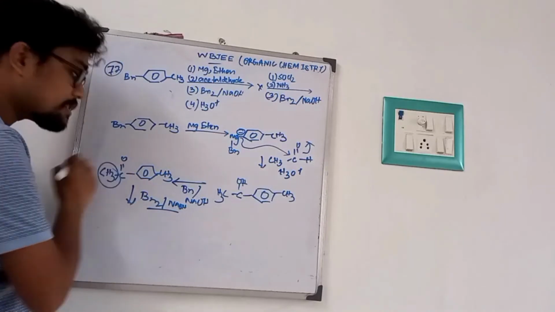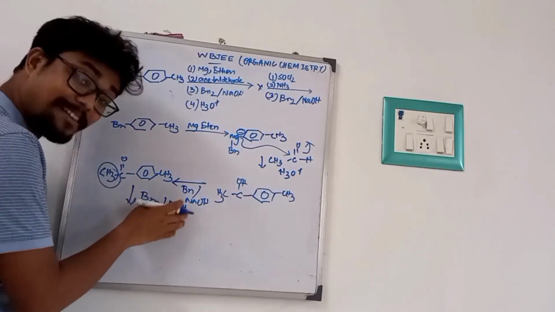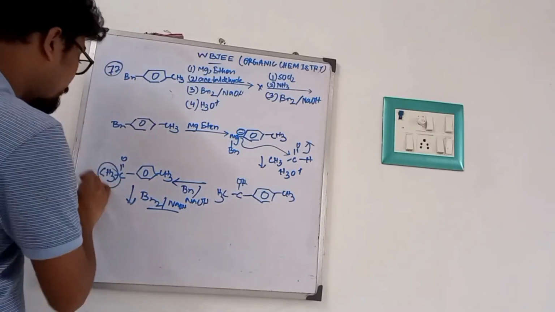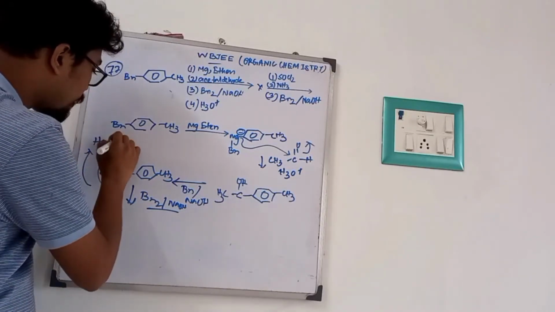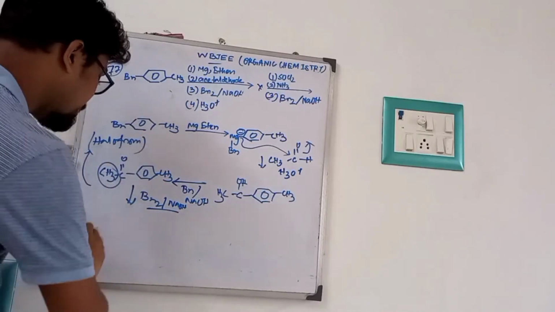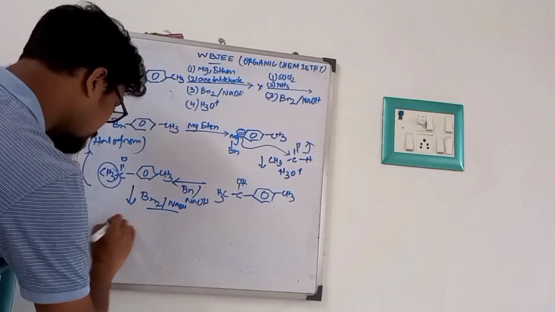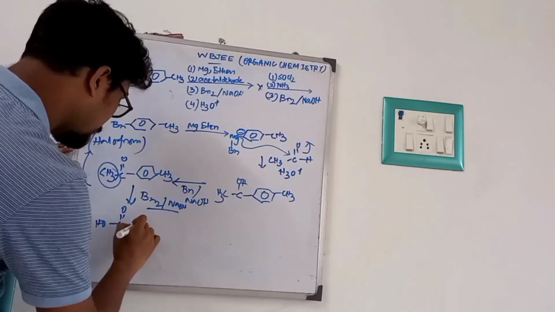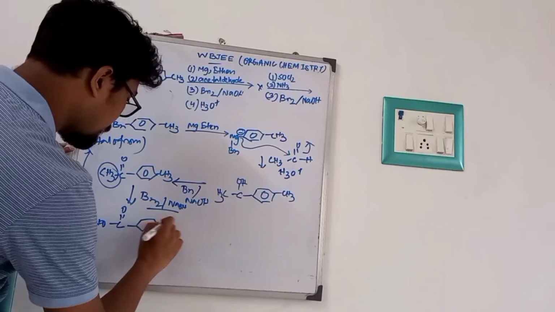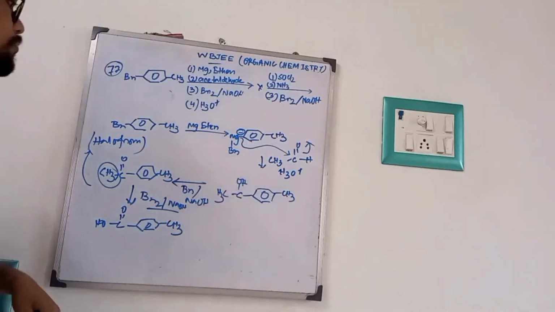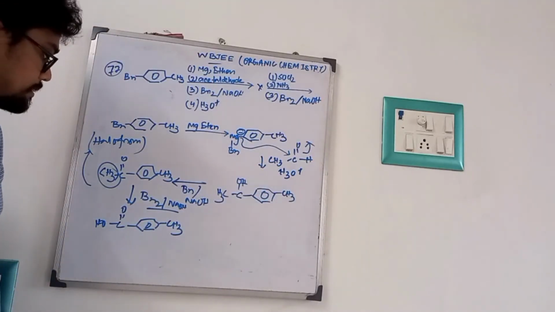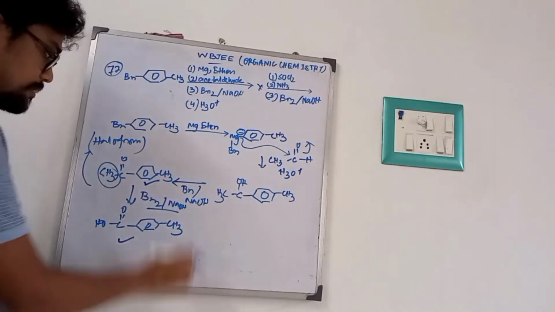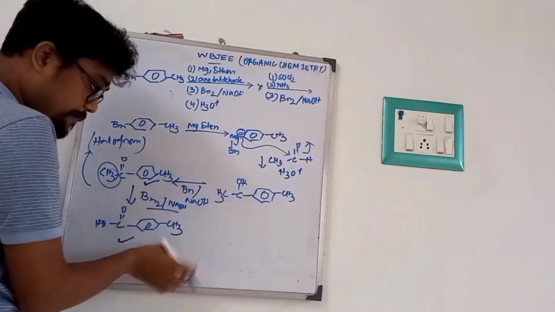This has a CH3 group next to the carbonyl, and in presence of Br2 NaOH in basic condition, if a CH3 group is present on the carbonyl, then the haloform reaction will take place, and we have acid in this position. So this is one product and this is another product. Both are present in our options B and D.